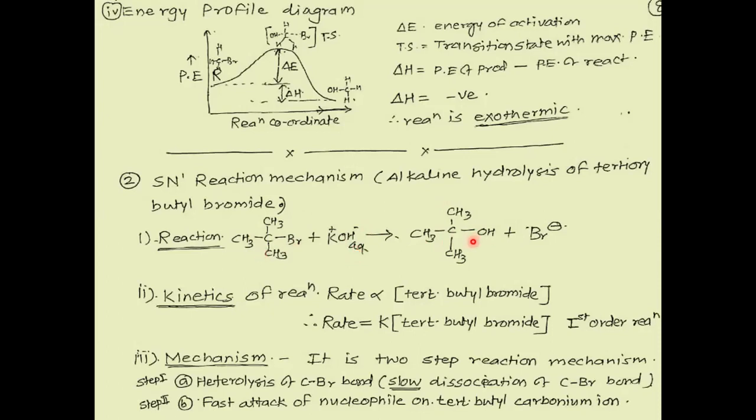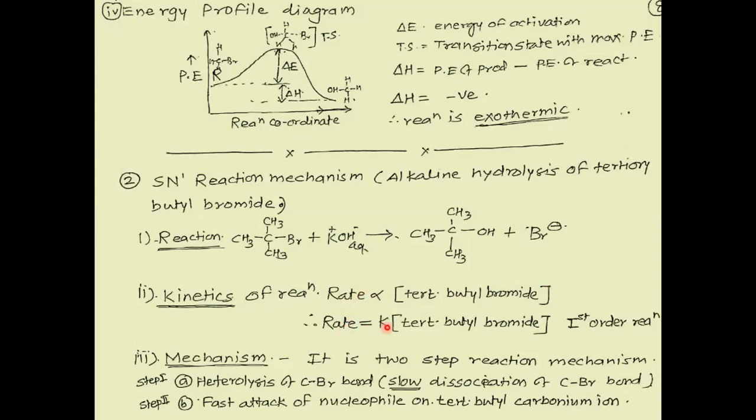Why SN1, that is unimolecular? That will be explained by the second and third points. First, the kinetics of the reaction. The rate of reaction is directly proportional to the concentration of tertiary butyl bromide only. Only one molecule is involved in determining the rate of reaction.